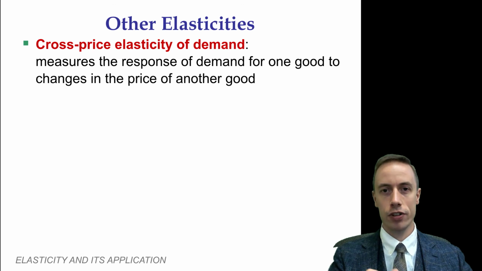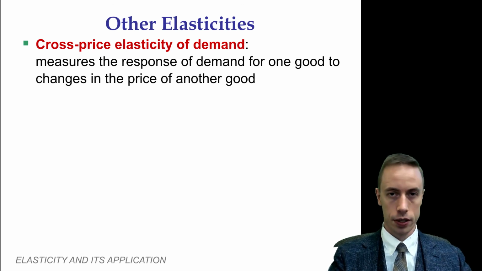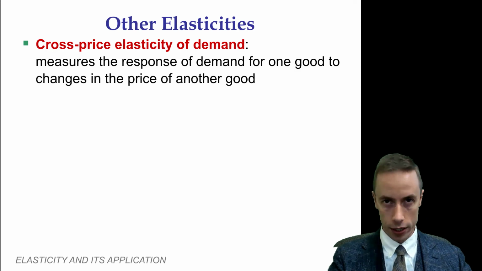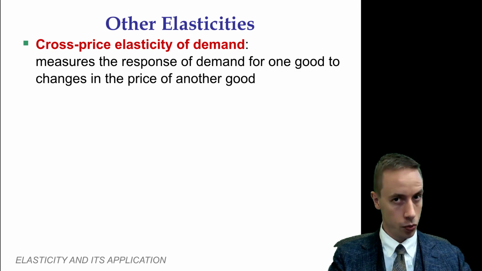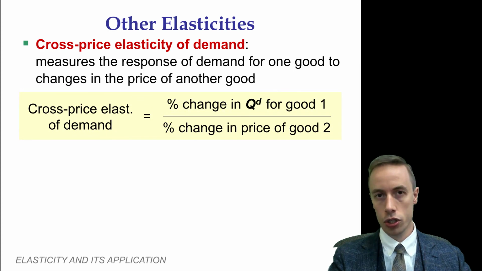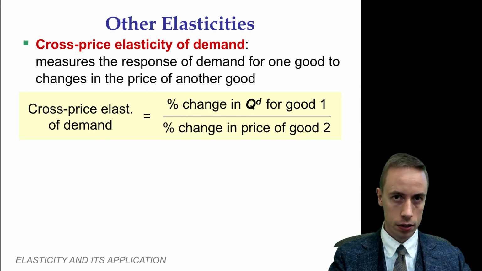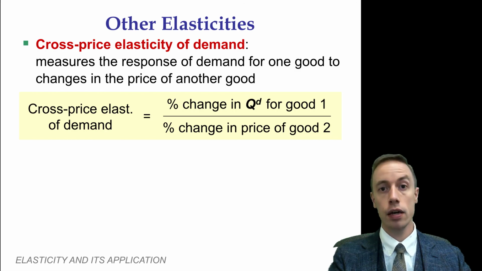Here too we have an elasticity. It's called a cross-price elasticity. Cross-price means a price, but not the price of the product whose quantity we're looking at, the price of a different product. So when we're calculating this elasticity, it's the percent change in quantity of one product divided by the percent change in price of a different product.